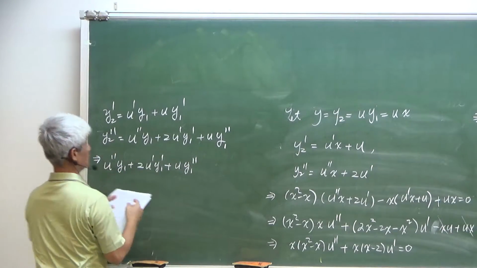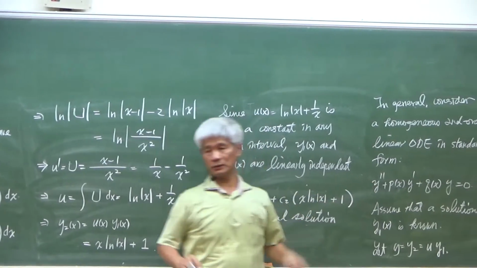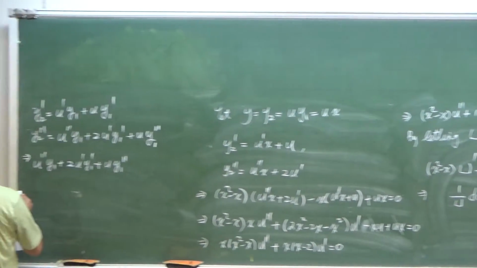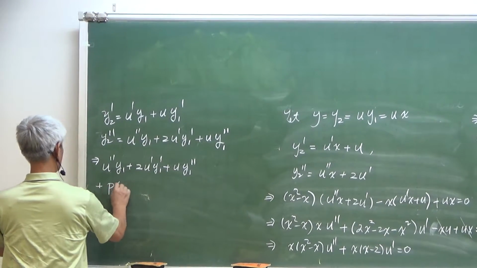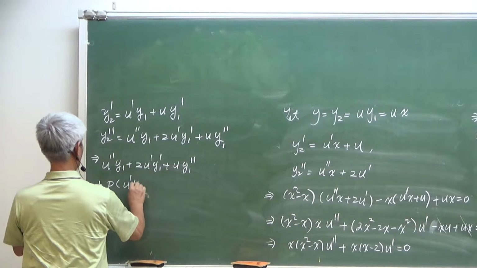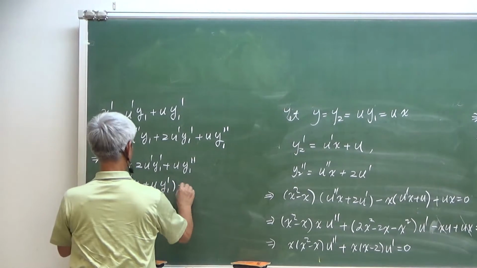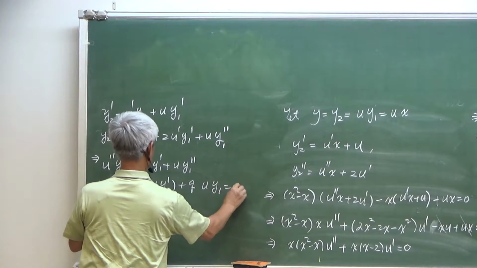So this is the first term corresponding to y double prime, plus p times (u prime y1 plus u y1 prime) plus q u y1.